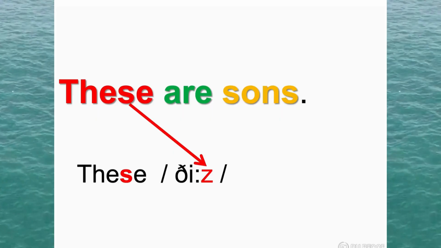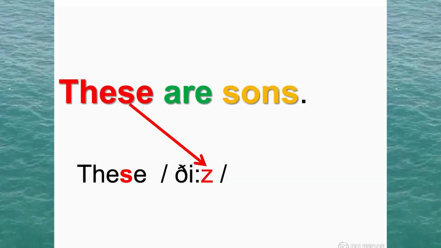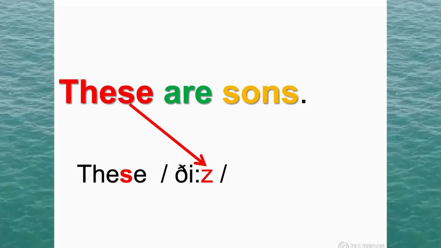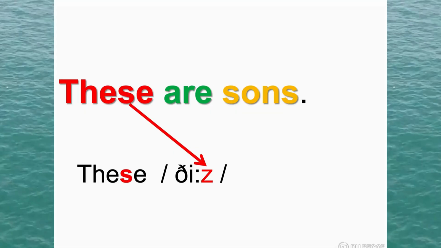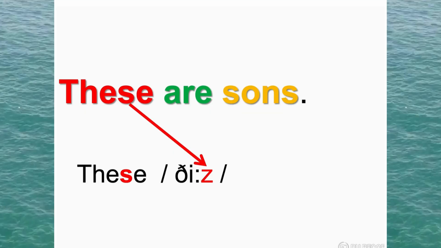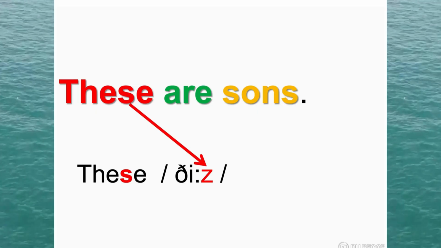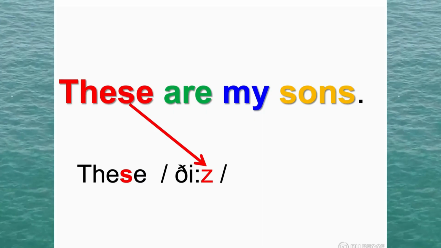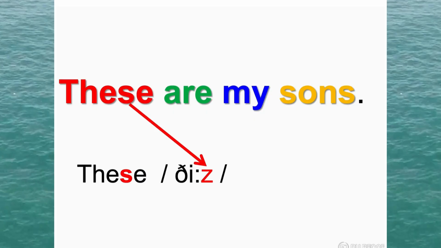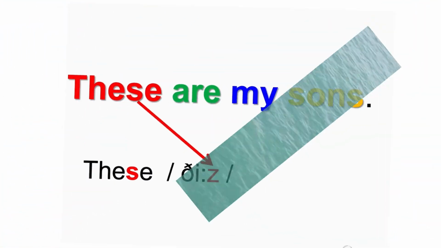The pronunciation of the first word is these, and it's not this. These is the plural of this. These are sons. These are my sons.